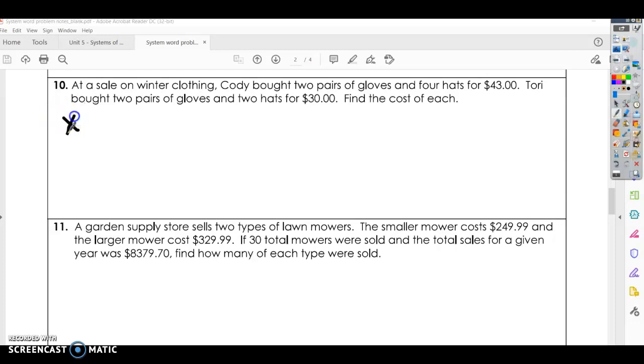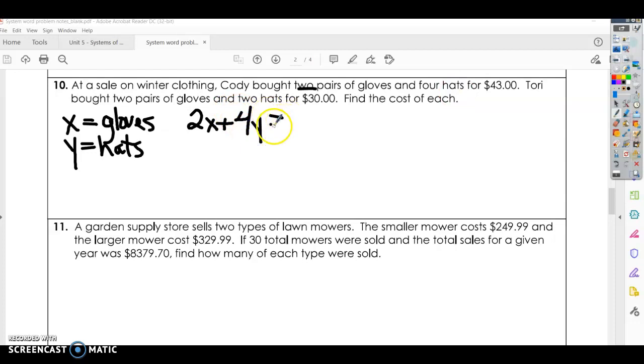So x and y. We can say x is the number of gloves and y is the number of hats. All right, it says Cody bought 2 pair of gloves, gloves is x, and 4 hats for $43.